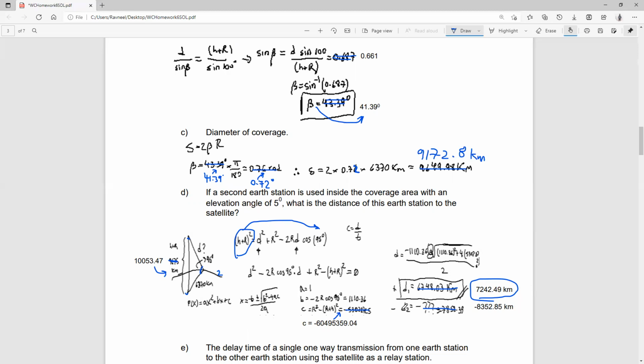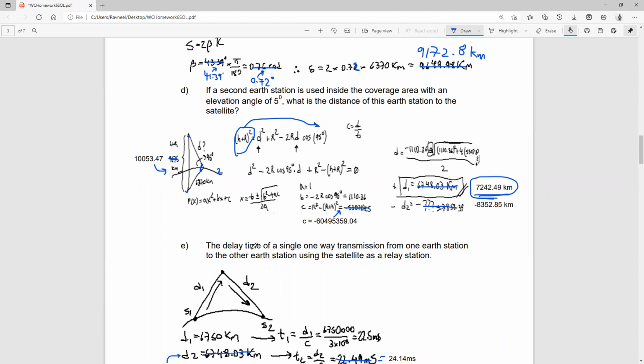Since the distance cannot be negative, we'll be considering the positive value. So this will be the value for d over here. The distance between the second Earth station and the satellite is basically equal to 7,242.49 kilometers.